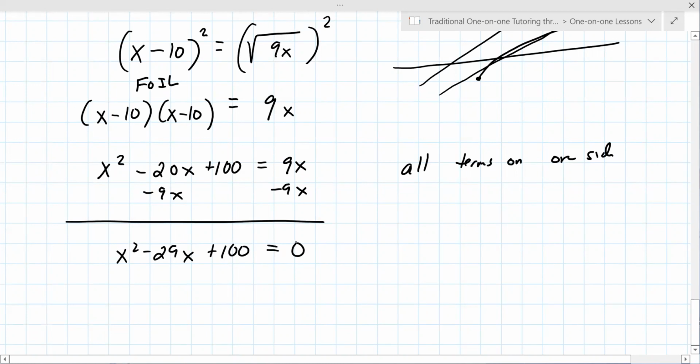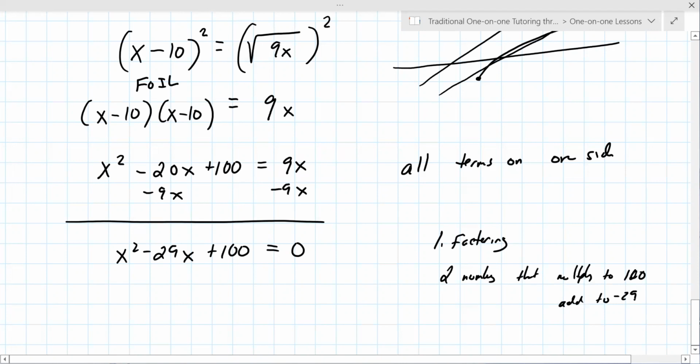And this on the left is solved a number of ways. The first approach you always try is factoring. So you're looking for two numbers that multiply to 100, but add to minus 29.